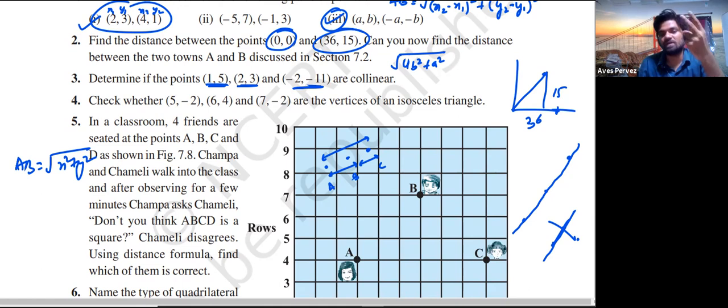Means the distance of AC will be equal to AB plus BC. If this happens, then the points will be collinear. Otherwise, they will not be collinear.